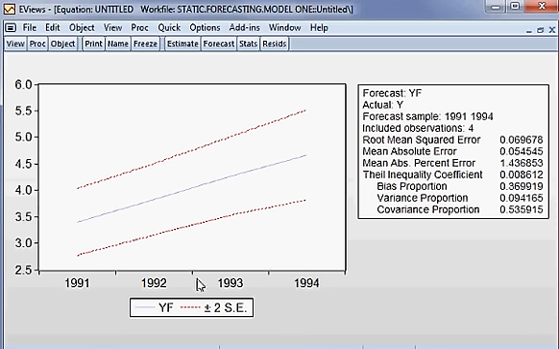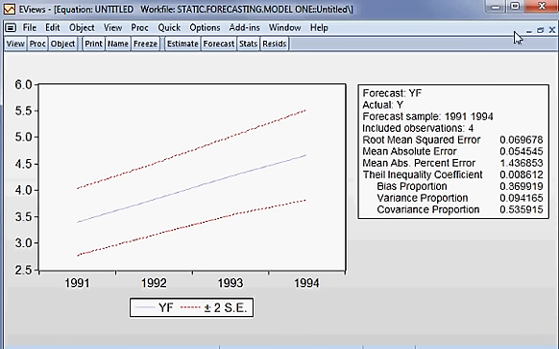Okay, and also our root mean square error, the value is quite small, meaning that the error is very small, only 0.06, meaning that actual y and forecasted y are very close.